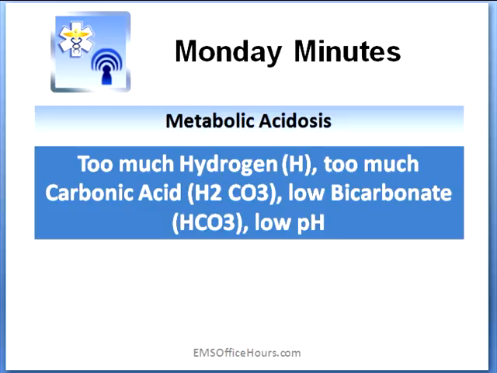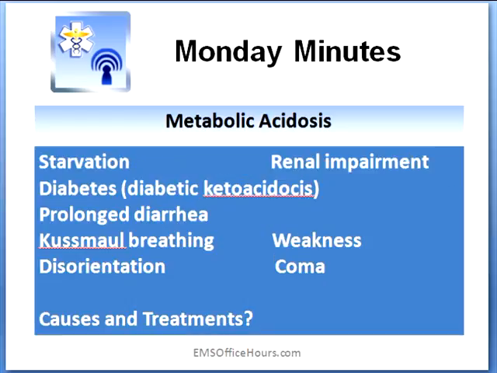But when we talk about metabolic acidosis, let's get back to this real quick. Low bicarb and low pH, and the type of thing that you'll see your patient have with metabolic acidosis is starvation, diabetic ketoacidosis that causes Kussmaul breathing, prolonged diarrhea, renal impairment, weakness, coma, disorientation, that altered mental status. And think about, of course, when you see patients like this, what are the causes and what are the treatments?